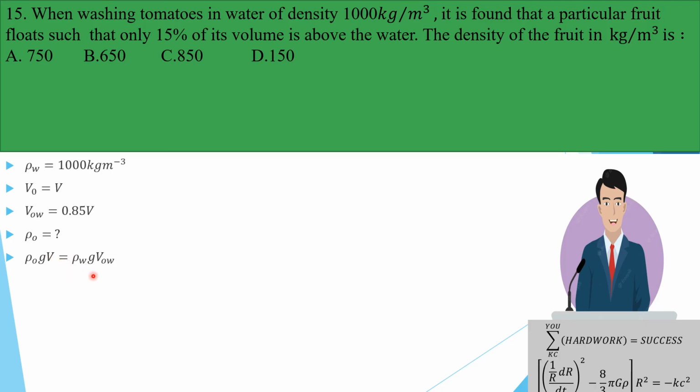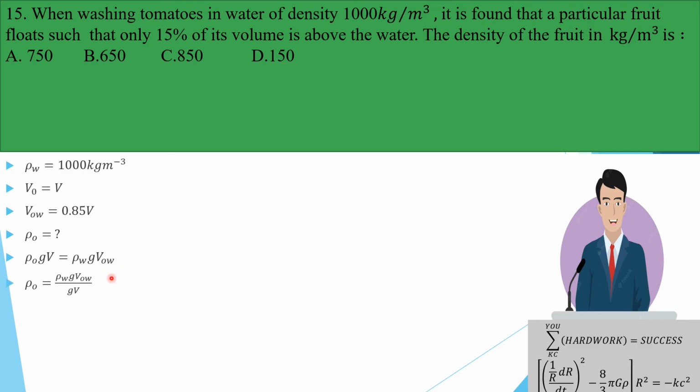That is equal to the force that the water exerts on the object, which is the density of the water times gravity multiplied by the volume of the fluid displaced. The volume of the fluid displaced is simply equal to the volume of the object within the fluid, and it's 85% of that object that is immersed.